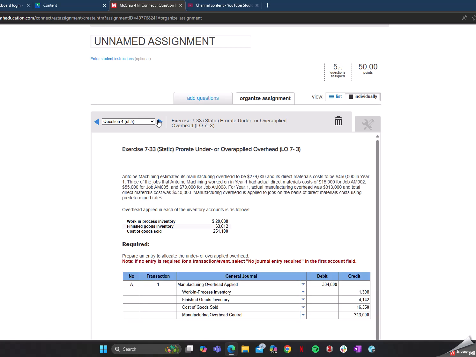Okay, then we can prorate that. So we said a lot of times people just charge it off to cost of goods sold, but if they chose to say, okay, I want to prorate this over or under applied to my work in process, my finished goods inventory, and to my cost of goods sold, and they have actual manufacturing costs of $313,000, and then the manufacturing overhead is applied on the basis of direct material costs using the predetermined rates.